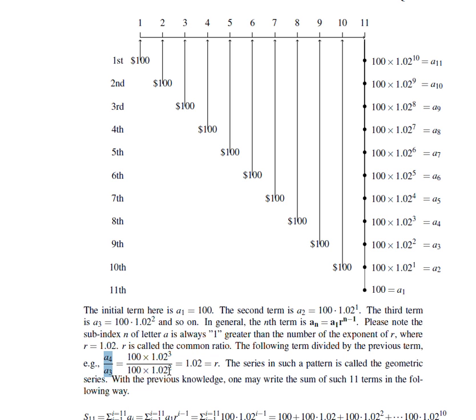The ratio here is 1.02, which is denoted by R, and which is called the common ratio. Okay, common ratio. So for a geometric sequence, there is a common ratio. And we can see here is the general formula right here.